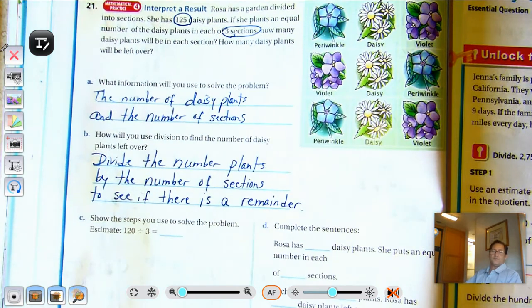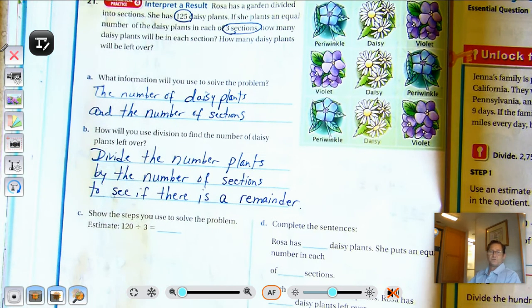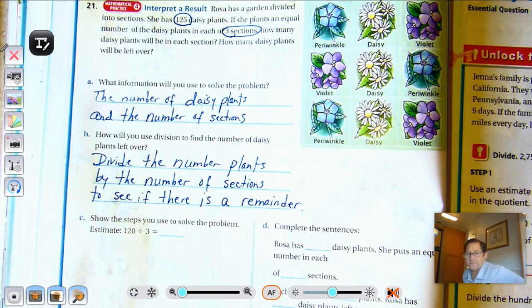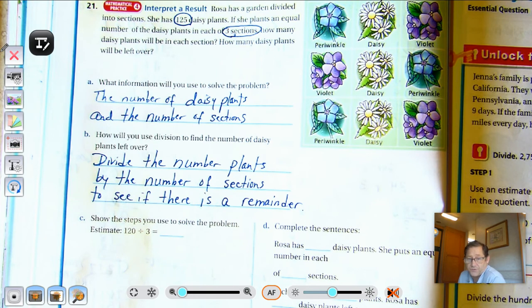Well, we have to divide the number of daisy plants, 125, by the number of sections, 3, to see if there's going to be a remainder. So let's go ahead and show the steps you use to solve the problem. And so they're saying use the estimate 120 divided by 3.